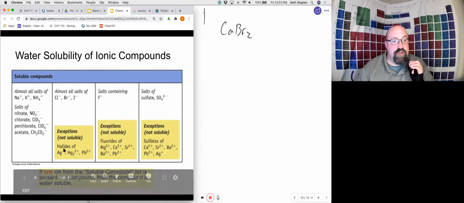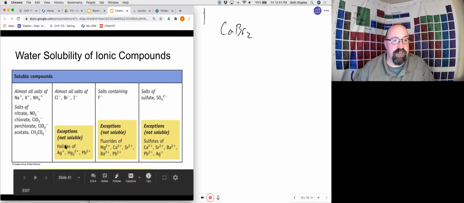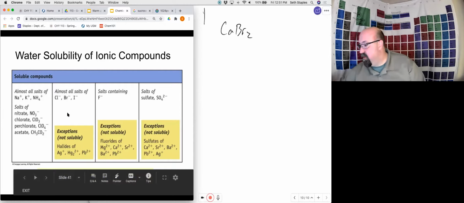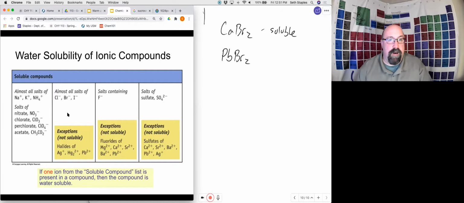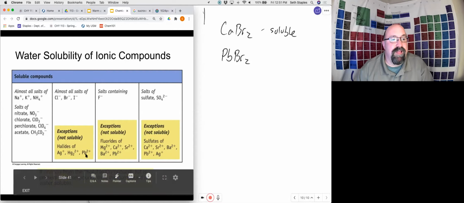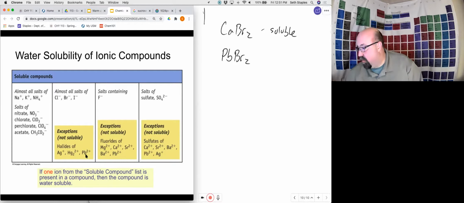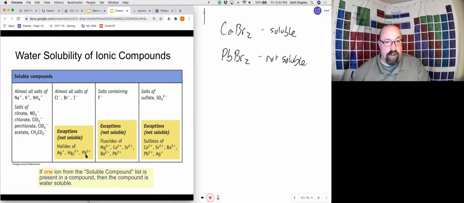Calcium is not one of these exceptions. Therefore, calcium bromide is soluble. However, lead bromide: almost all bromides are soluble, but lead is one of the exceptions. That is not going to be soluble. So that would not dissolve in water.